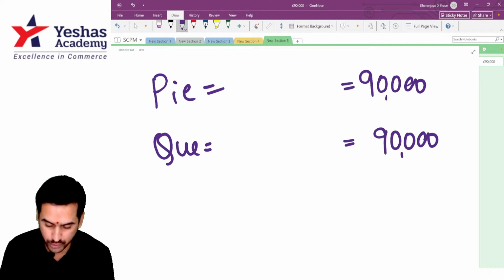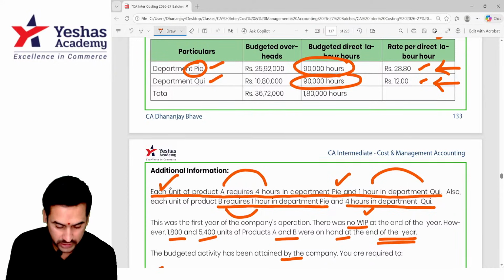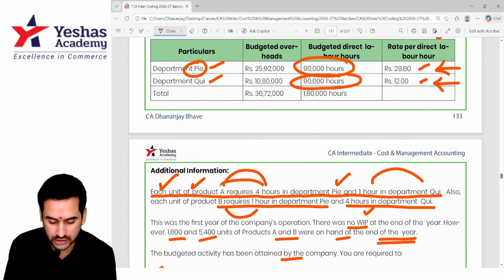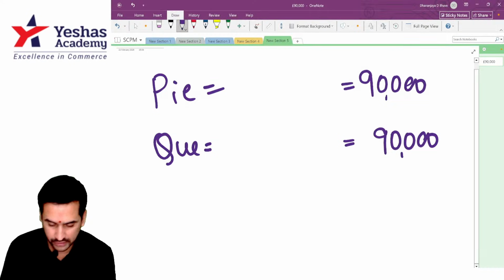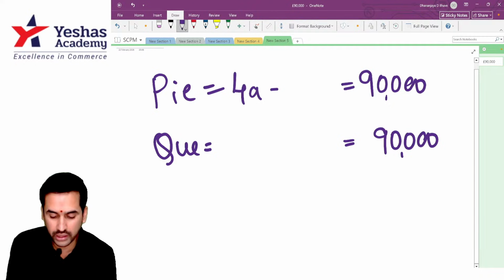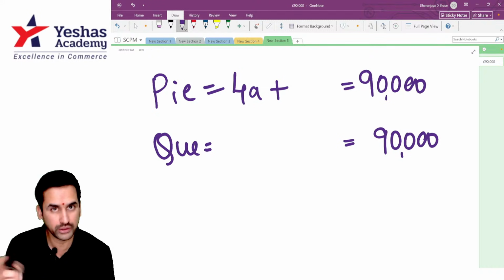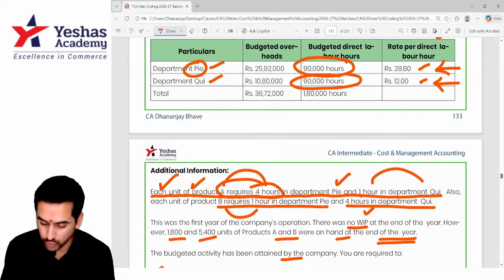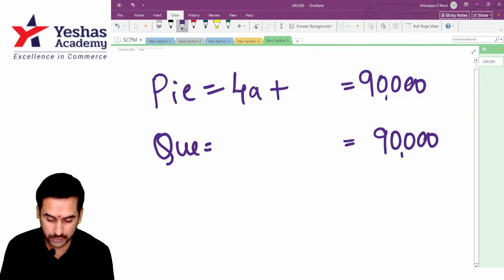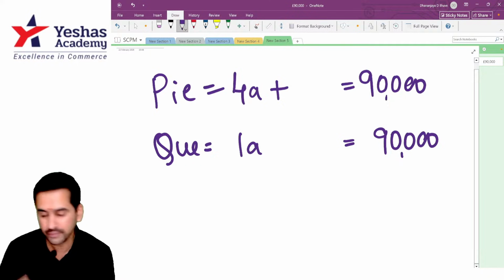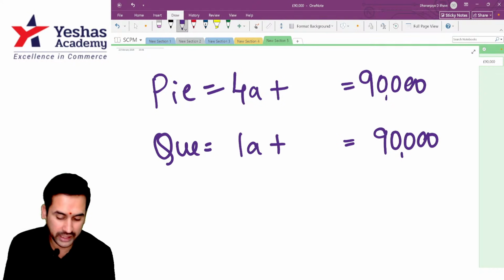Product A, product B. And what did they say? Each unit of A requires 4 hours in P, so I can take it as 4A, where A is the number of units of A. Then 1 hour in Q, which means it will be 1A. Hope you're understanding. 4A plus 1A, that is for product A.